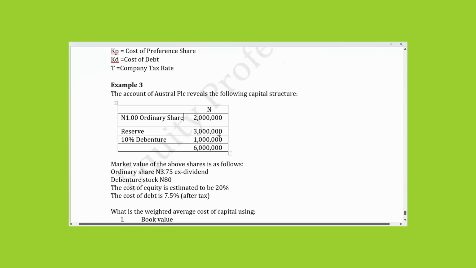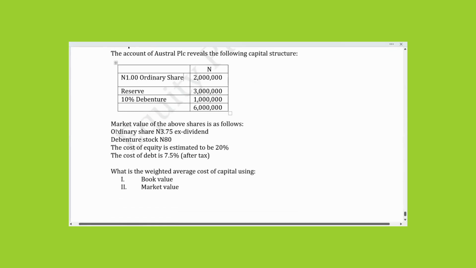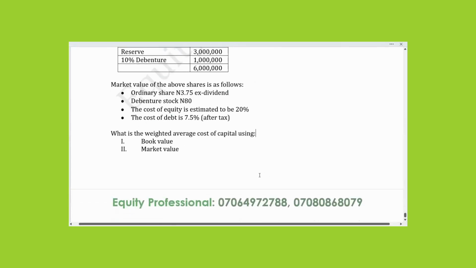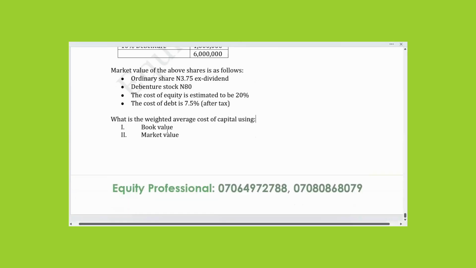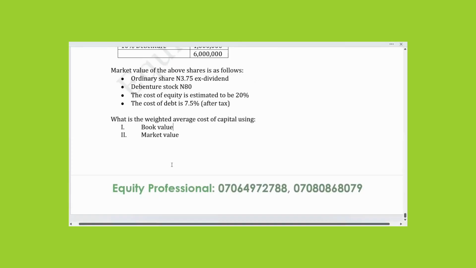Ordinary shares 3 naira 75 kobo ex dividend. Debenture stock 18 naira. The cost of equity is estimated to be 20%. The cost of debt is 7.5% after tax. What is the weighted average cost of capital using 1 book value, 2 market value? Thank you very much. So examiner wants you to calculate WACC using the book value and then the market value.